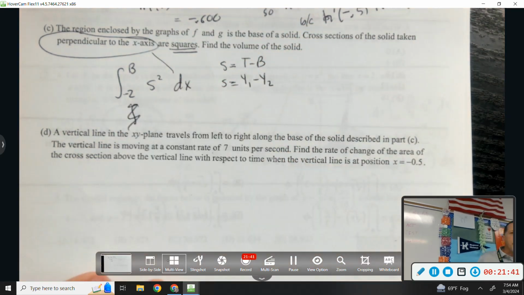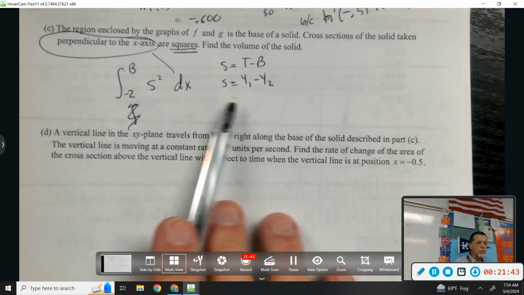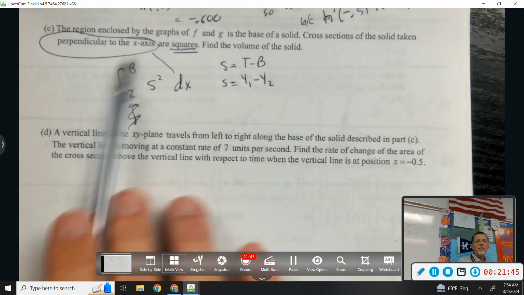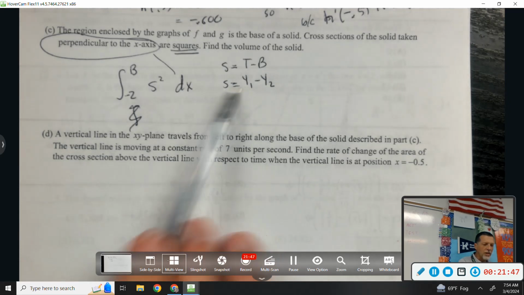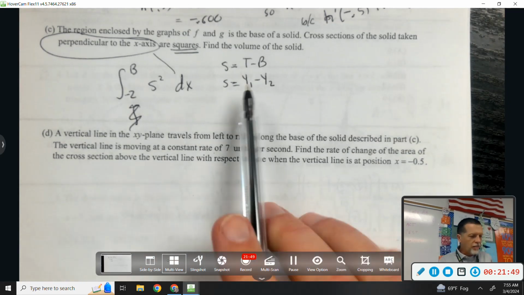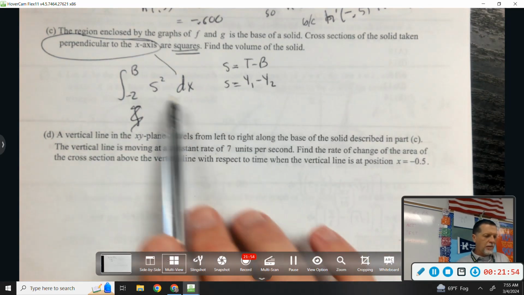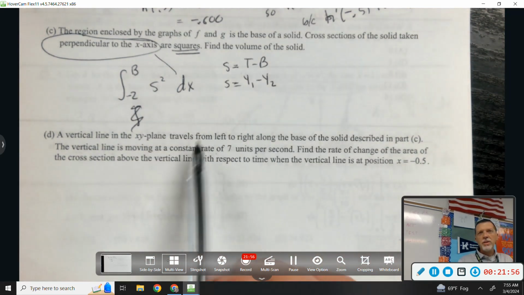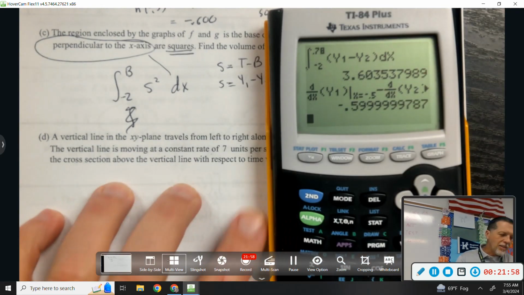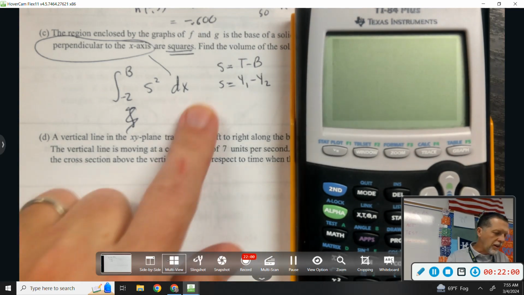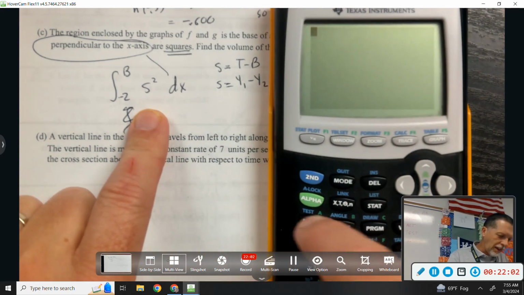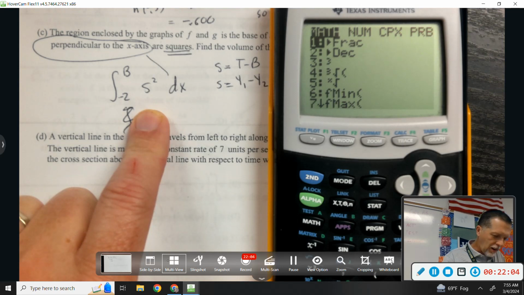You know what? I'm going to stop writing because that's enough. You've shown what you need to show. This is what you're going to evaluate, and you've told the grader what S is. You've identified y1 and y2. So you've introduced extra variables here, like S and y1 and y2, but as long as you've identified what everything is, then you're good.